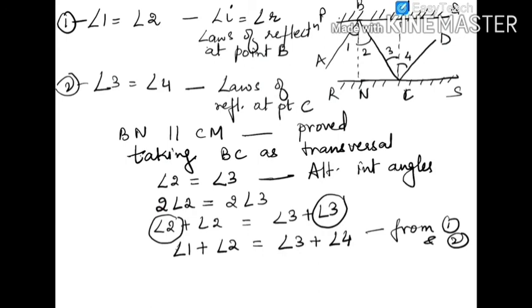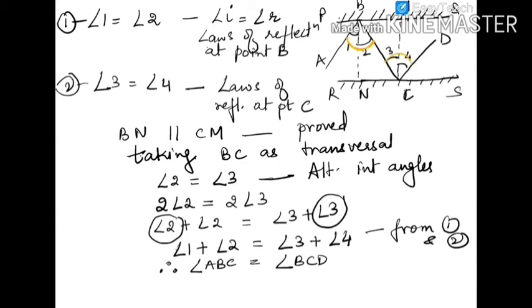Now what is angle 1 plus 2 from the figure? Angle ABC, and angle 3 plus 4 is angle BCD. So let's write that. So what are these angles?